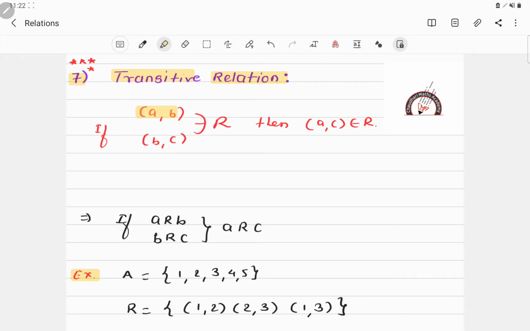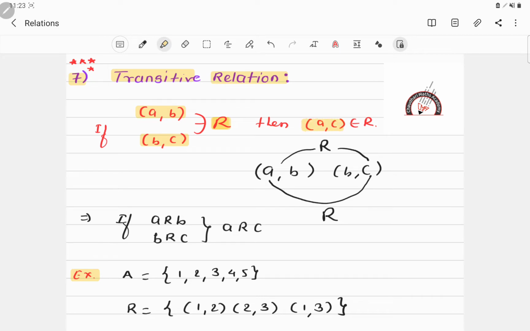If (A, B) belongs to the relation and (B, C) also belongs to the relation, so both these ordered pairs are a part of the relation, then make sure (A, C) is also present in the same relation.